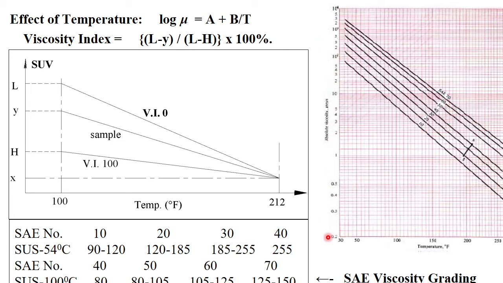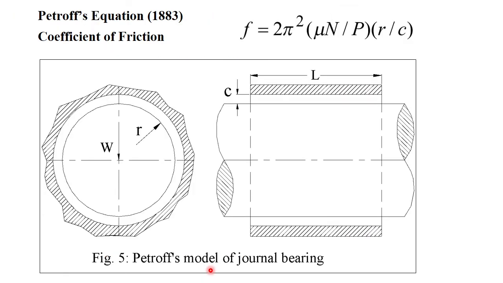These are viscosity values corresponding to different temperatures given in this graph. Here the relation between SAE number and Saybolt universal seconds at 54 degree and at 100 degree is given. So this is how we measure viscosity, density, and know about the temperature dependence of these things. These are fundamental concepts, you must know about them, as well as the theory behind hydrodynamic lubrication.